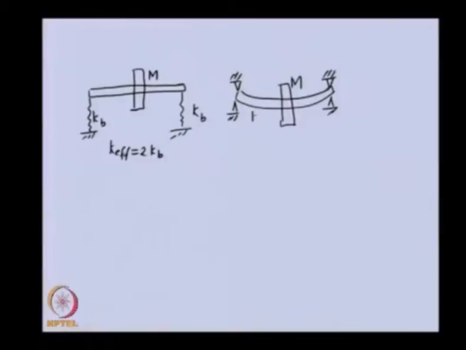The transverse stiffness of this shaft, from strength of materials concept, we can write as 48 EI by L cube, where L is the length of the shaft, E is the Young's modulus, and I is the second moment of area. For a circular shaft, we know I is pi by 64 into diameter to the power 4.